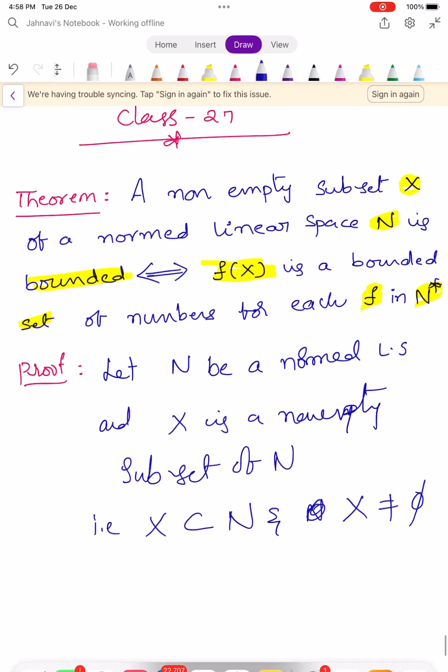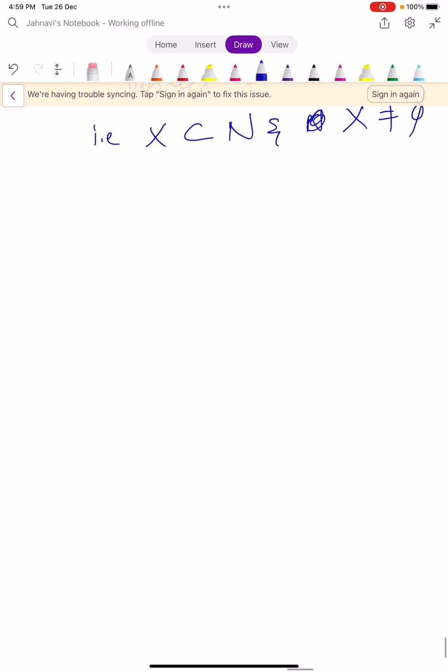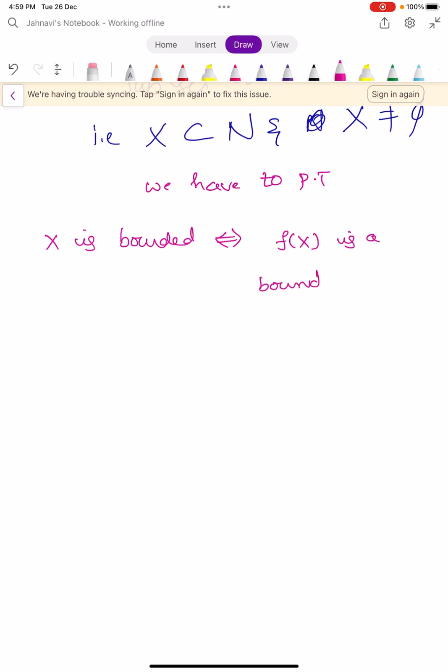So we have to prove that X is bounded if and only if f of X is a bounded set of numbers for each f in the conjugate space N star.